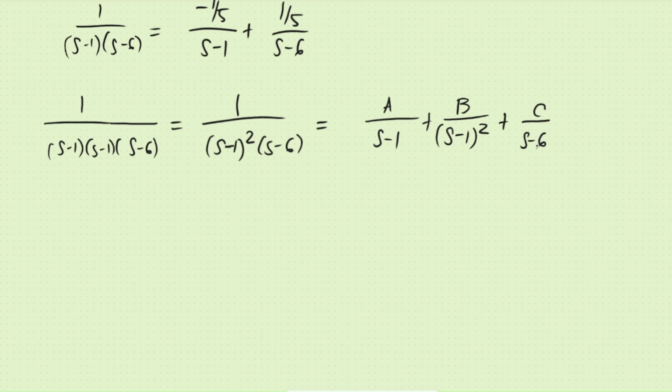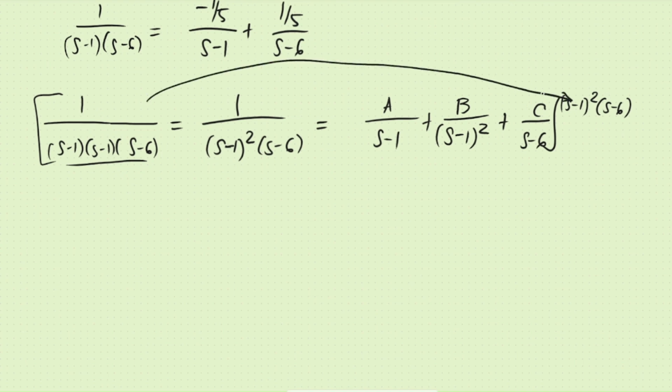s minus 6. Okay, so next thing we're going to do is multiply both sides of the equation by the denominator. So let's use s minus 1 squared times s minus 6. So 1 over s minus 1 squared times s minus 6, multiplied by that, what do we get? 1, right? So we'll just get 1 on the left hand side of the equation.